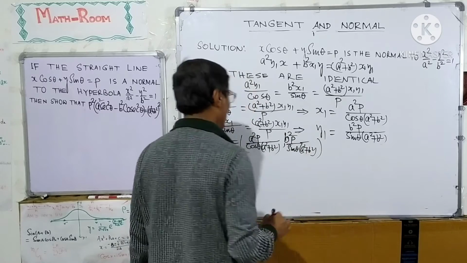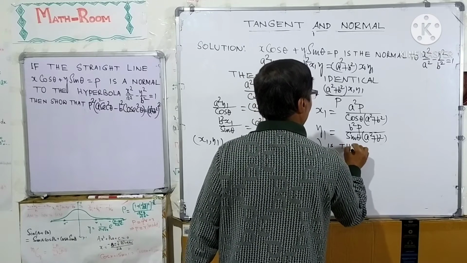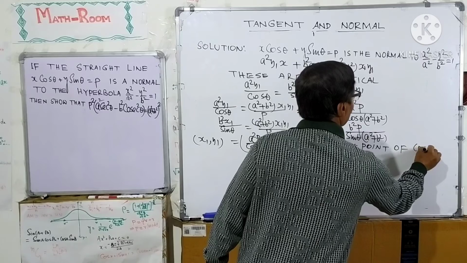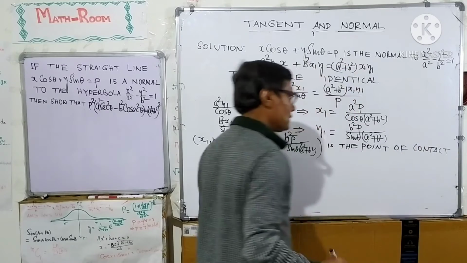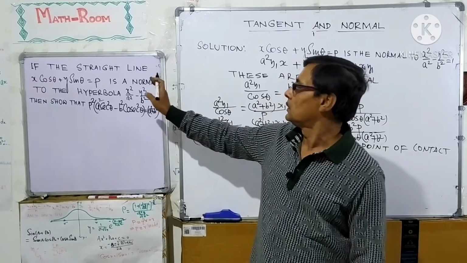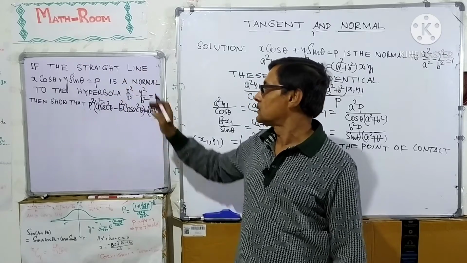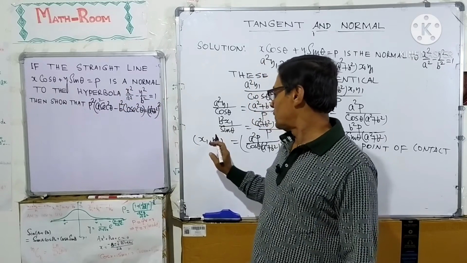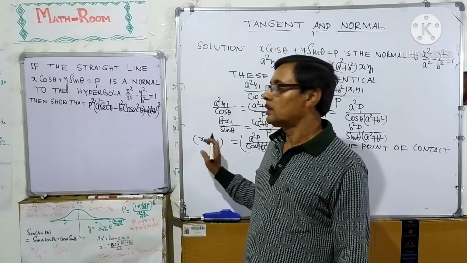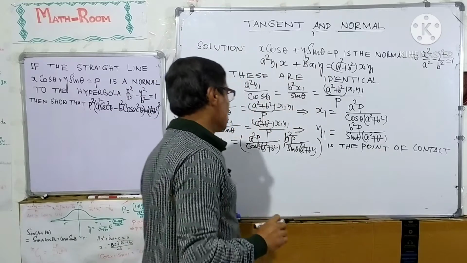This is the coordinate of the point of contact, and also the point of contact lies on the curve. This curve is a hyperbola, that is, the point of contact x1 y1 must satisfy the equation of the hyperbola, because the point of contact lies on this curve, that is hyperbola. So, x1 y1 satisfies this equation.